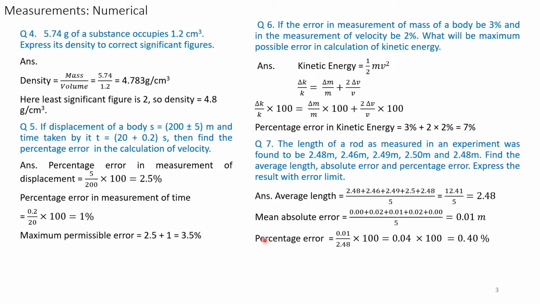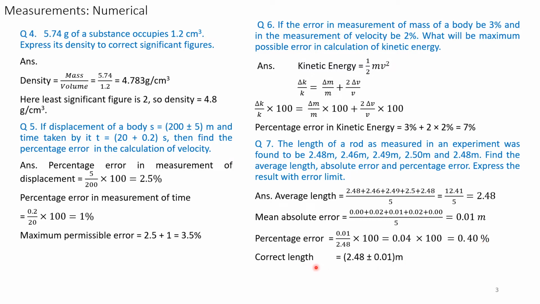Percentage error is given by 0.01 meters divided by the average value 2.48 into 100. That comes to 0.004 into 100, so the percentage error is 0.40%. So 0.4% is the percentage error.